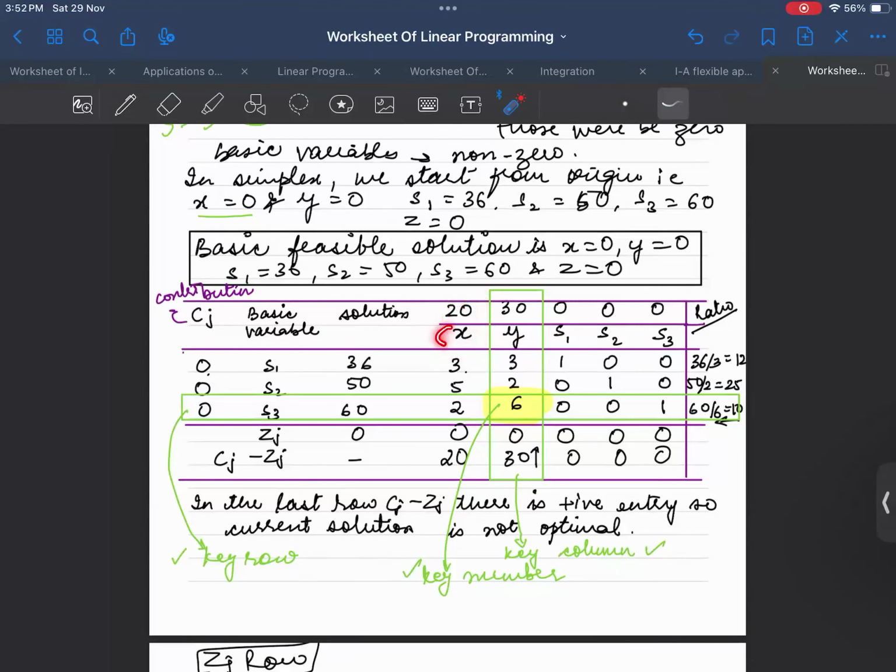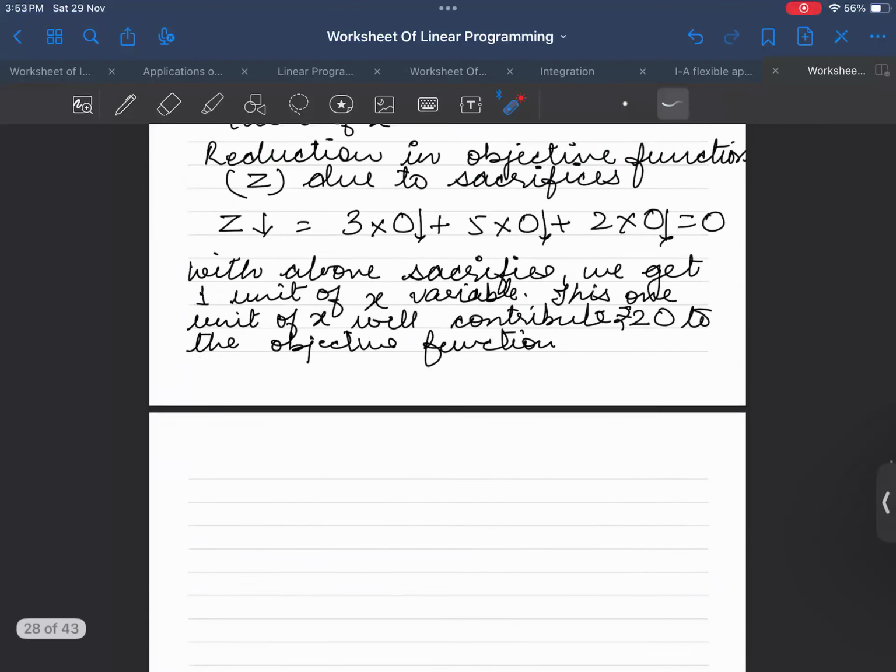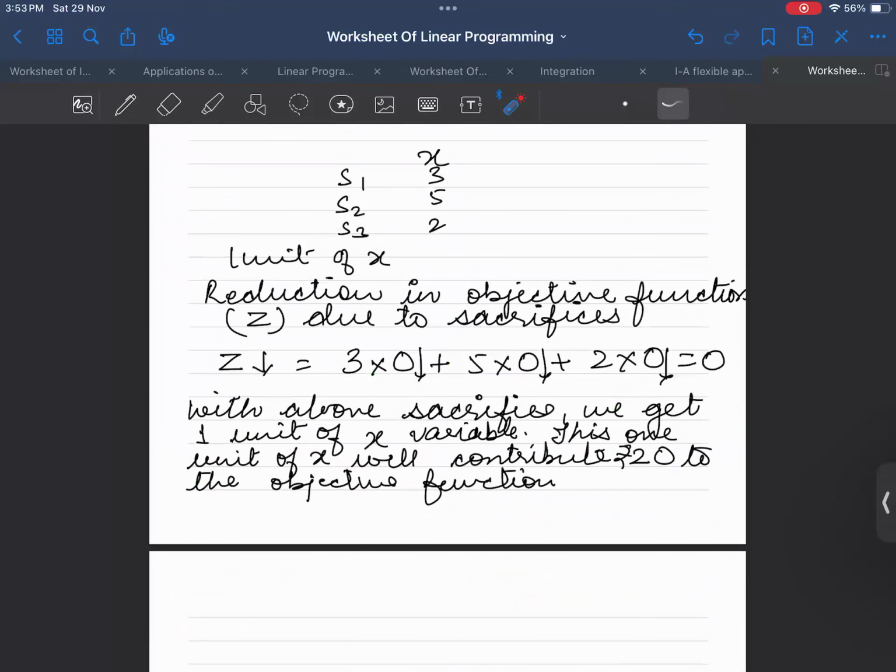If I bring x into the solution, we will sacrifice 3 units of S1, 5 units of S2, and 2 units of S3, and my total reduction in the objective function would be 0. So with the above sacrifices, we get 1 unit of x variable, which will contribute 20 rupees to the objective function.